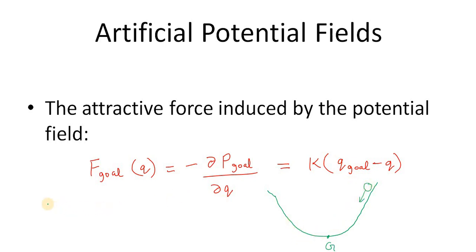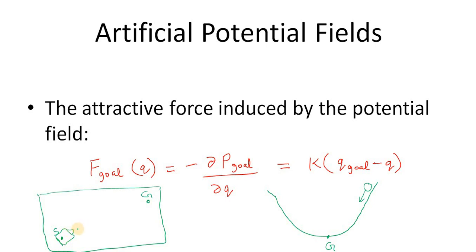So if you see in your actual workspace or your configuration space, so if this is your start location and this is your goal location, so when you model this environment using this equation of potential, quadratic potential field, then what will happen if the robot is here at this location?